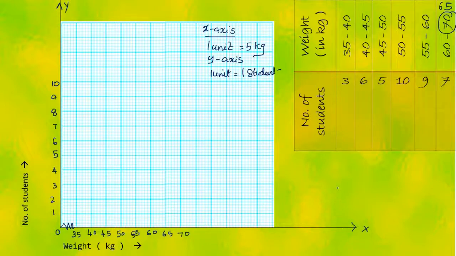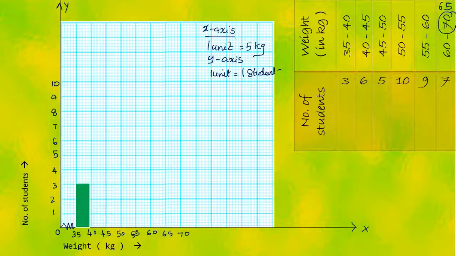Did you remember how to construct histogram? Yes, here consider the first class interval 35 to 40. The frequency is 3. We are going to construct a rectangle in between the class interval 35 to 40. The height of the rectangle will be up to 3 in the y-axis.